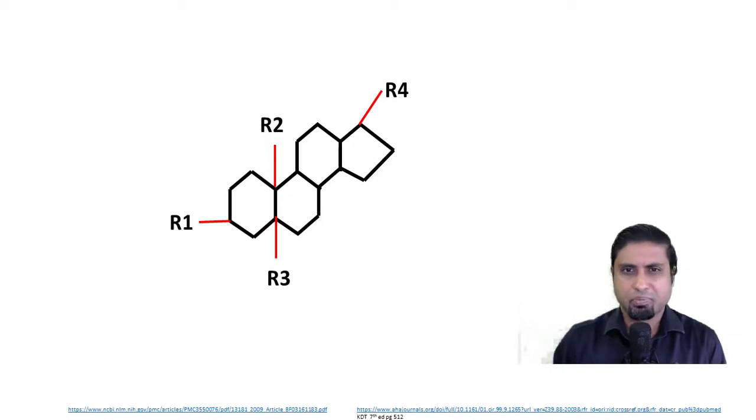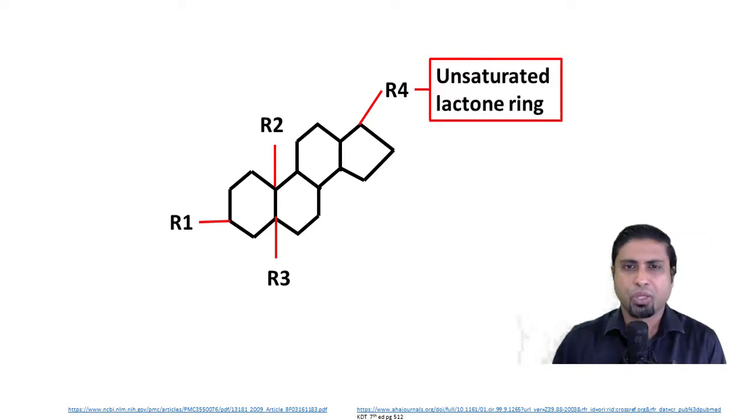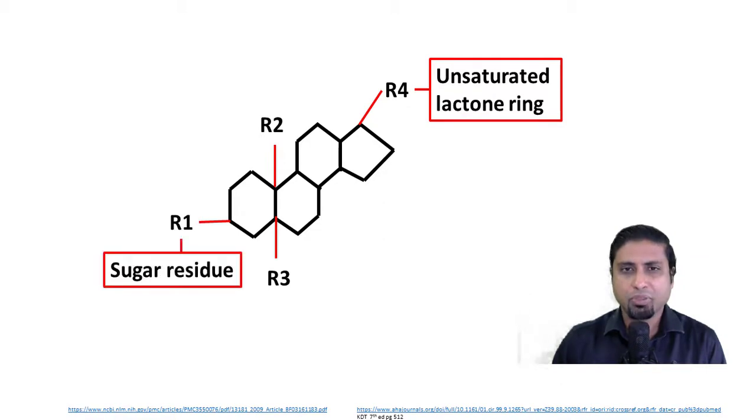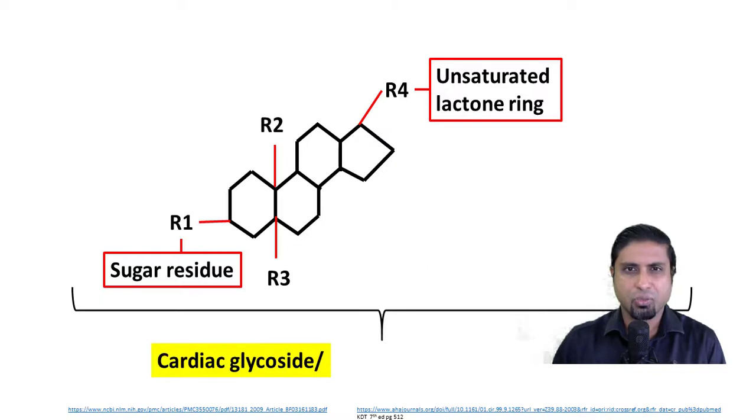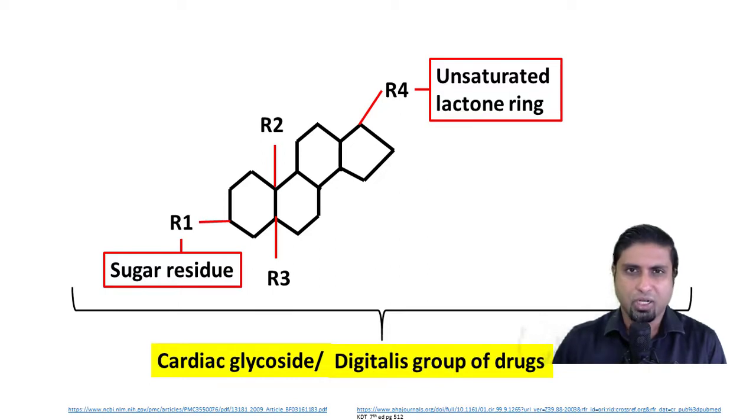So, in addition to certain minor changes, if we were to add an unsaturated lactone ring at position R4, we would be converting this steroid nucleus to a cardioactive steroid. In addition, if we were to add a sugar moiety at the R1 position, we would get a cardiac glycoside, and any drug with this particular structure would be said to belong to the Digitalis group of drugs.